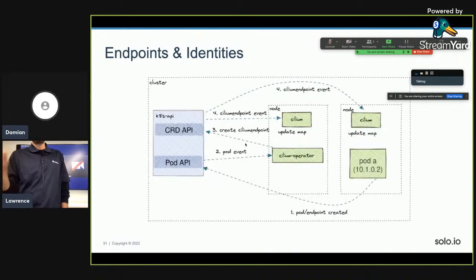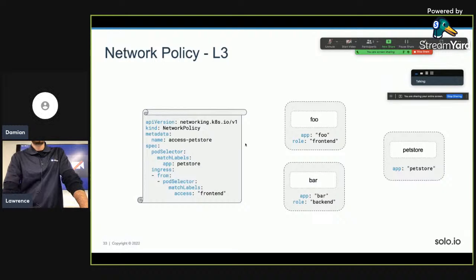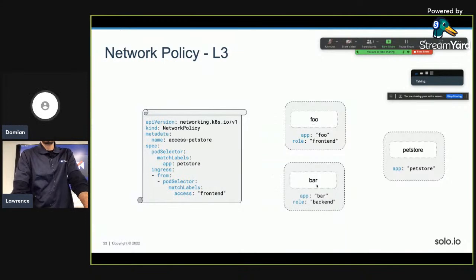But with the endpoints and identities set up, what you end up with is the ability to do network policies. It's not crazy, most CNIs implement that, where you can write a Kubernetes resource that will control access between pods. So for example, with a layer 3 policy, we have two pods on the left, foo and bar.